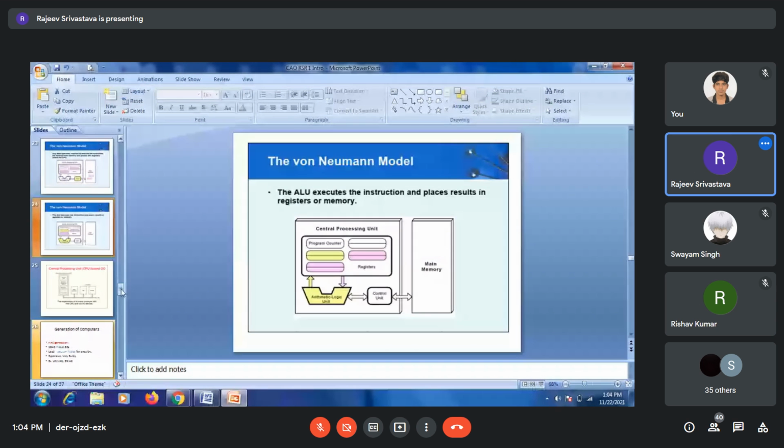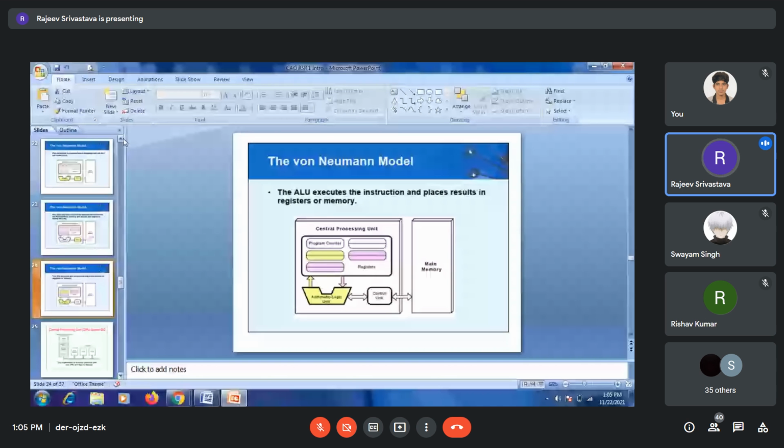So the basic thing is that we have the CPU and we have main memory. These will at least be there. Then we have the von Neumann model in which program and data share the same memory.